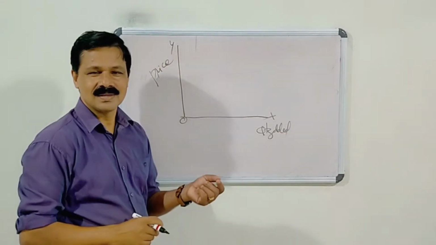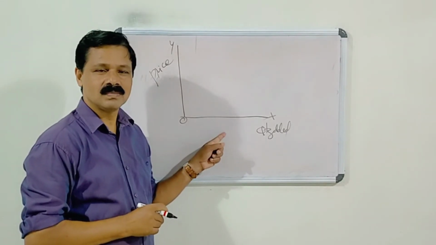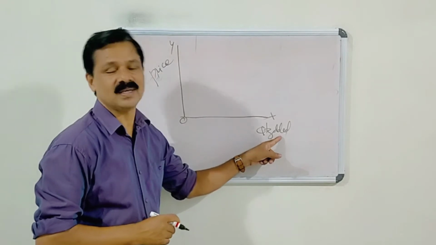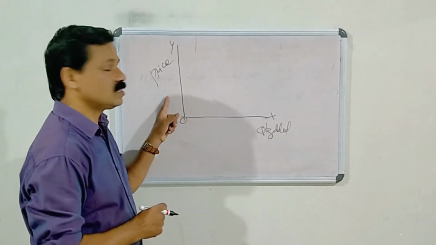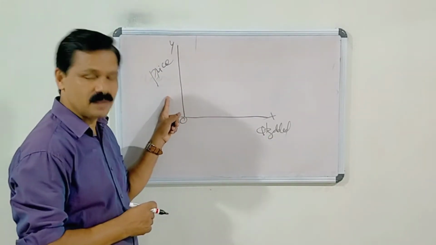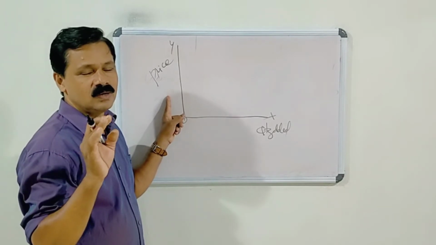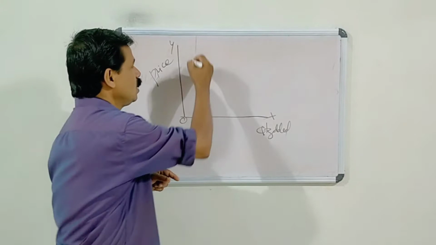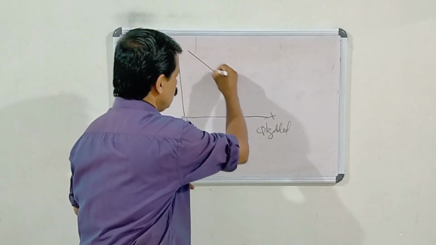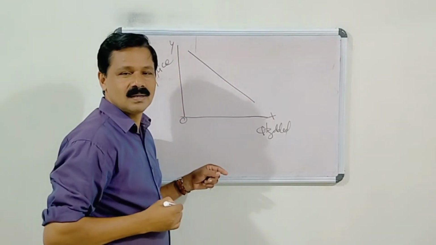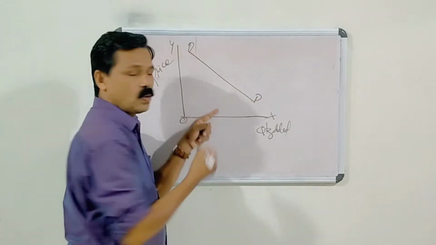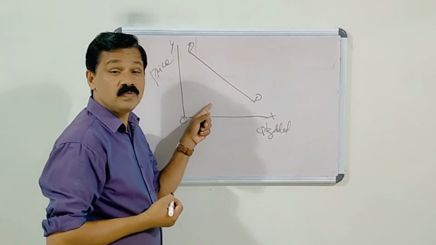In this diagram, the x-axis represents the quantity of the commodity which is demanded. The y-axis measures the price of that commodity. We know a typical demand curve will always be downward sloping from left to right, or the slope of the demand curve is negative.